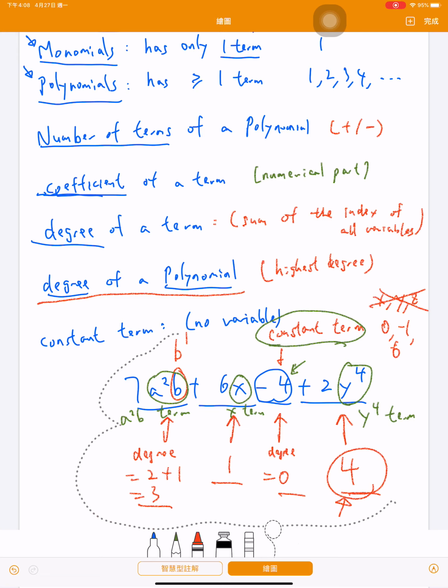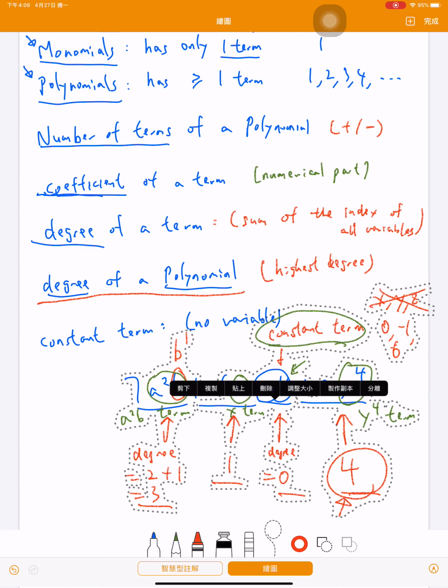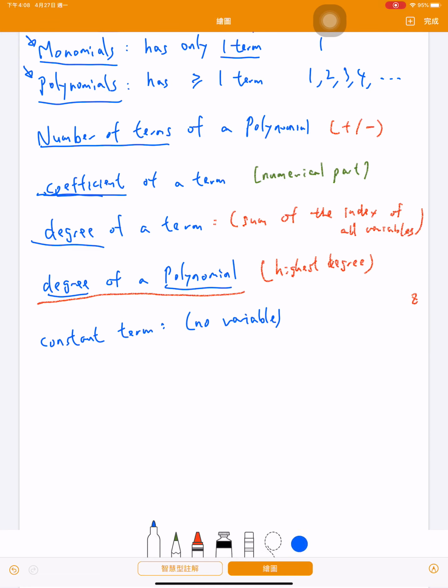So, we have talked about many things. So let's do practice. For example, 6x squared minus 1 plus 3 over 2 x to the power 3 minus 4x squared y to the power 3.